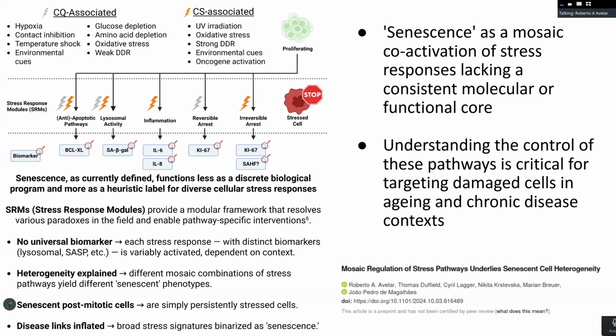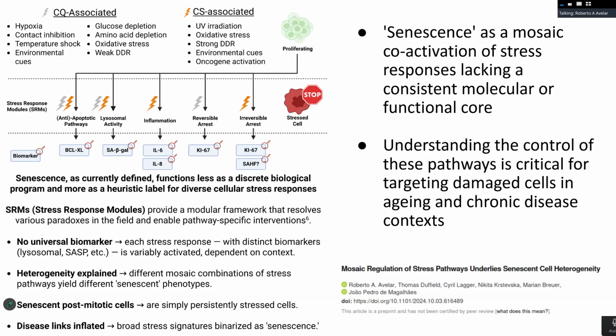And senescence is now implicated in wound healing, for example. It's super important in wound healing. If you stop the senescent process in wound healing, then you get chronic wounding. So it really seems that these heterogeneous secretory states are important, and we're seeing that a little bit as well with the machine learning, for example.